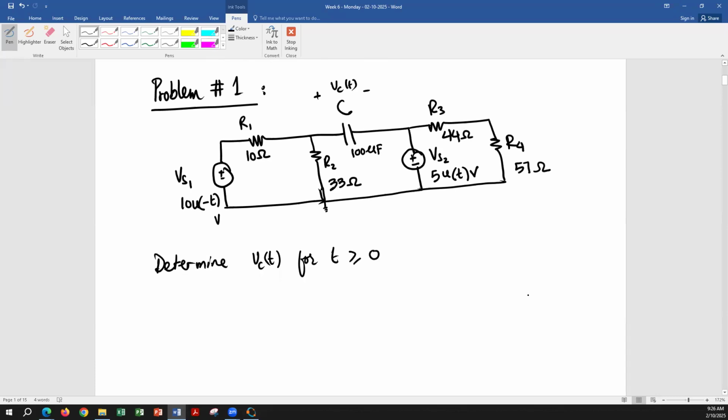All right, let's write down the capacitor voltage expression for time t greater or equal to 0.